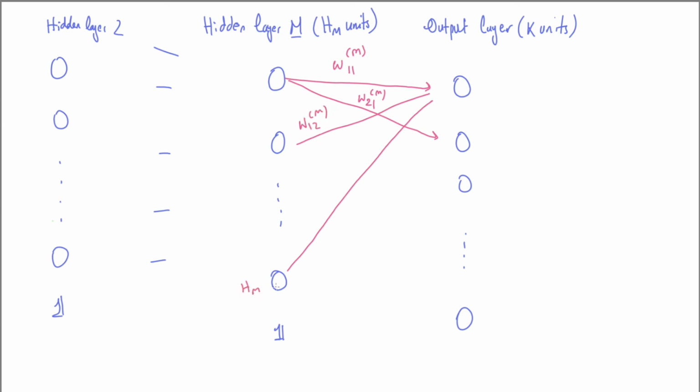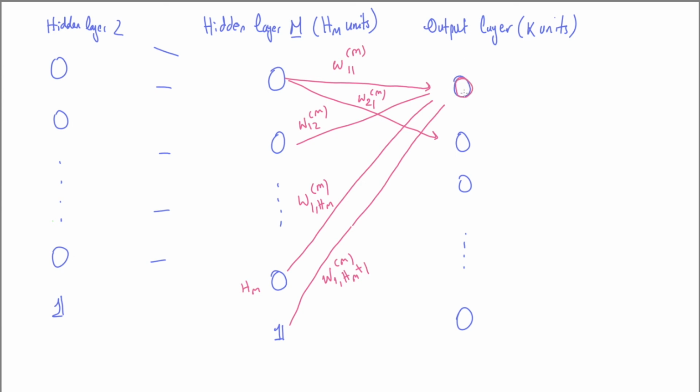This is unit HM, so this would be W1HM. Okay, and this one is W1HM plus 1. Okay, again, they all have the same superscript M because this is the mth layer.